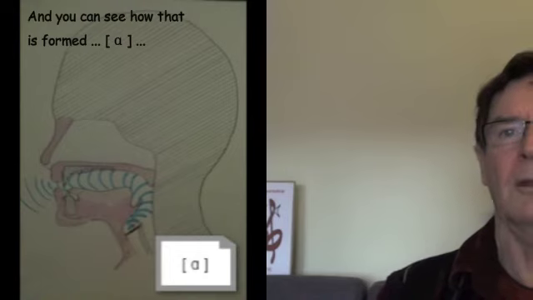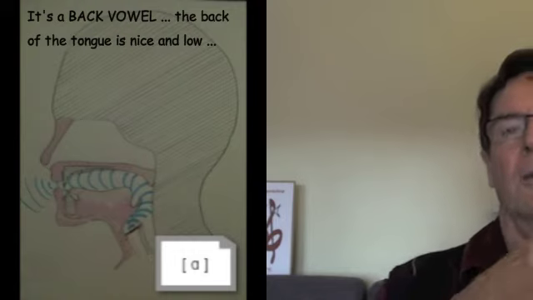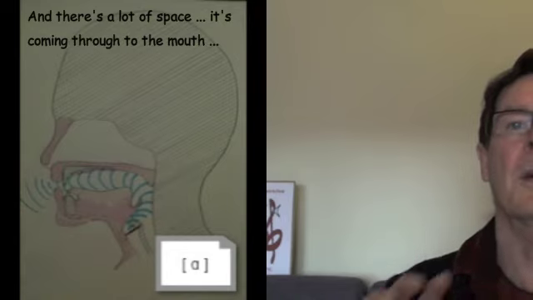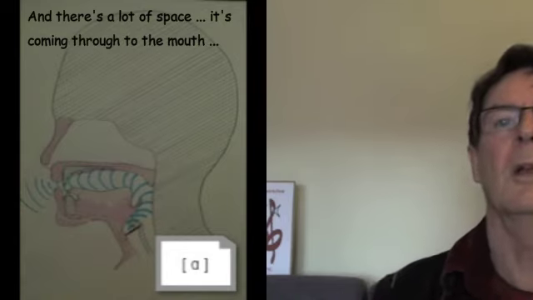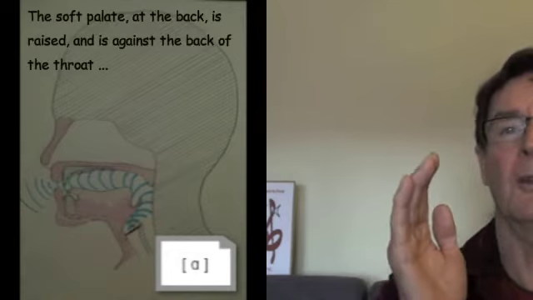And you can see how that is formed. Ah. It's a back vowel. The back of the tongue is nice and low. Ah. And there's a lot of space. It's coming through to the mouth. The soft palate at the back is raised and is against the back of the throat.